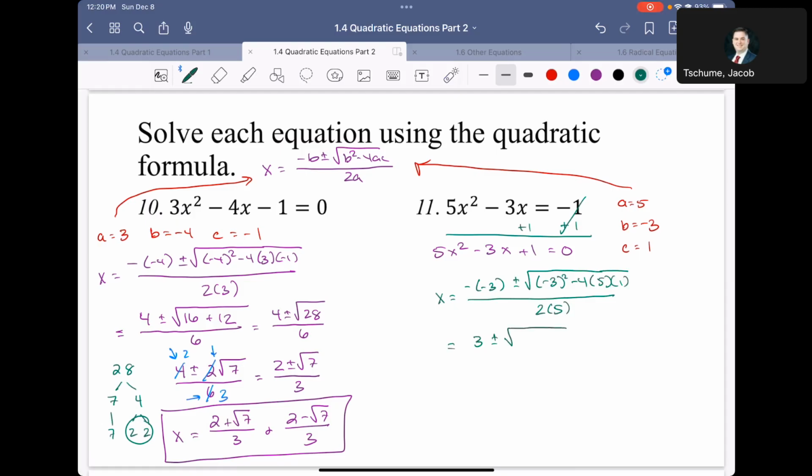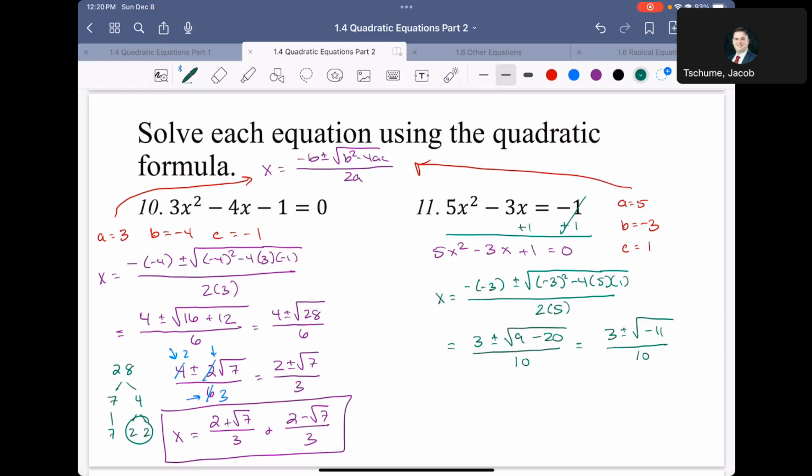Inside of the square root, negative 3 times negative 3 is 9. And then negative 4 times 5 times 1 would be negative 20. All over 2 times 5 is 10. And if I combine the two numbers inside of my square root, 9 minus 20 is negative 11, all still being divided by 10.